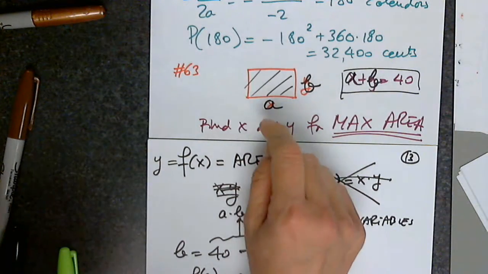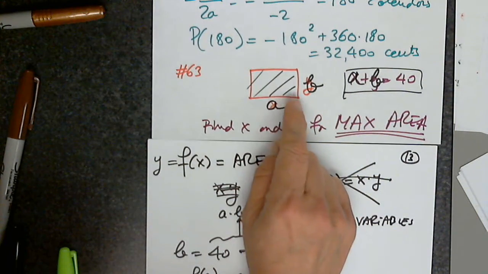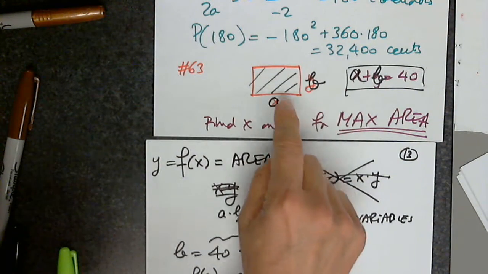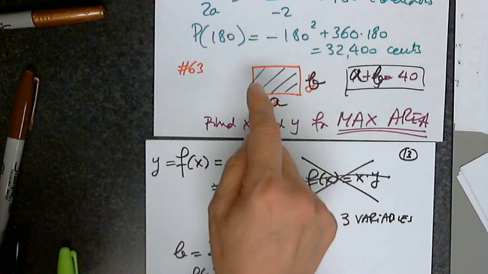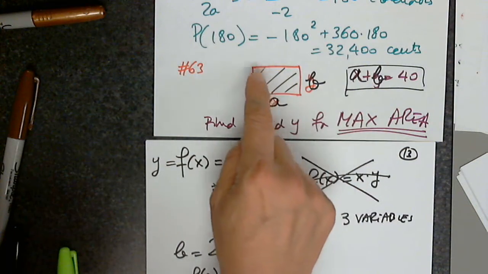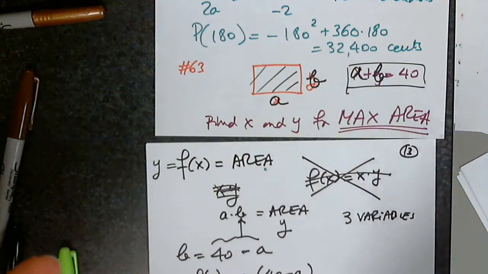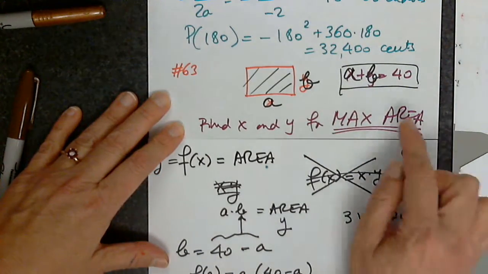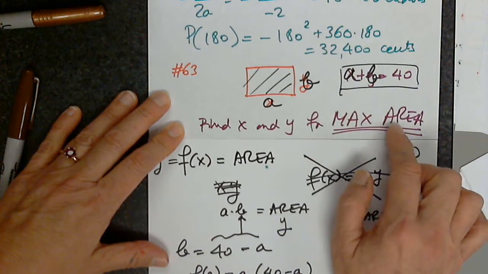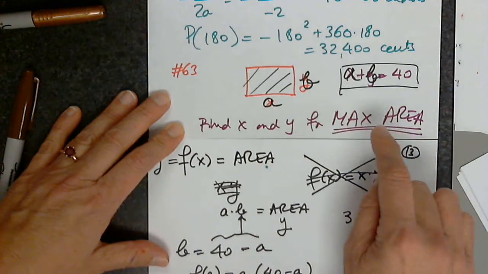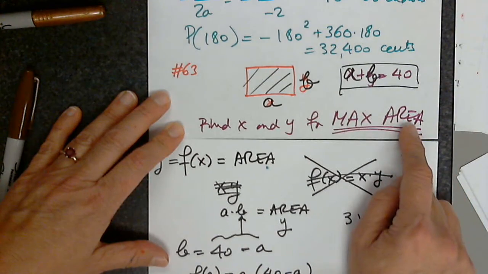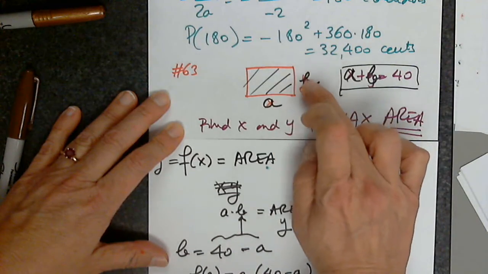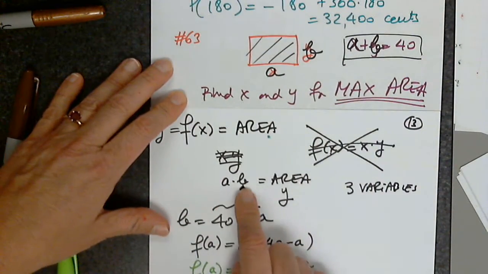We are asked to find how wide and how long the rectangle should be in order to have a maximum possible area. I can't determine the maximum of something I don't have. So I have to find the area. I have to create a function whose maximum I will find. So I start with the keyword area. I write a times b.